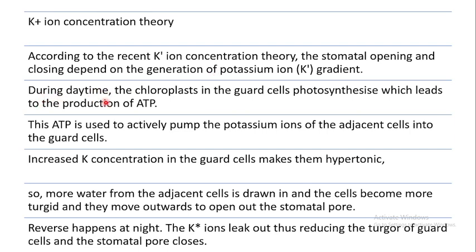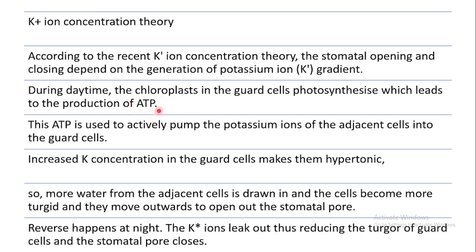During the daytime, the chloroplasts in the guard cells photosynthesize. I told you already that guard cells also contain chloroplasts, right? So photosynthesis will take place and it leads to the production of energy in the form of ATP molecules. We know that glucose is formed, oxygen is formed and energy is formed.